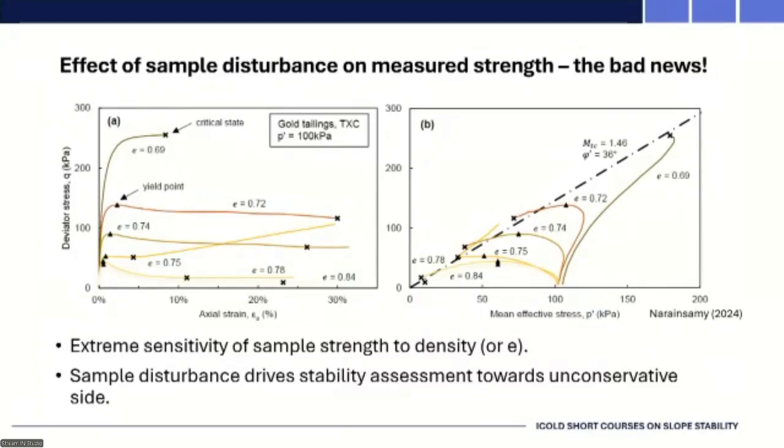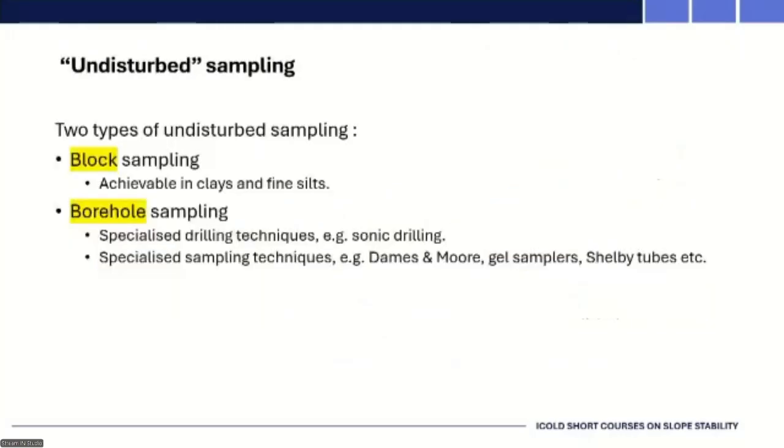And then a 0.01 change in the void ratio again would affect your undrained shear strength by another 50% or so from the value that we measured. So there's extreme sensitivity in the undrained shear strength of soils when we are playing around with the void ratio. Extreme sensitivity. And so what can we do to sample?